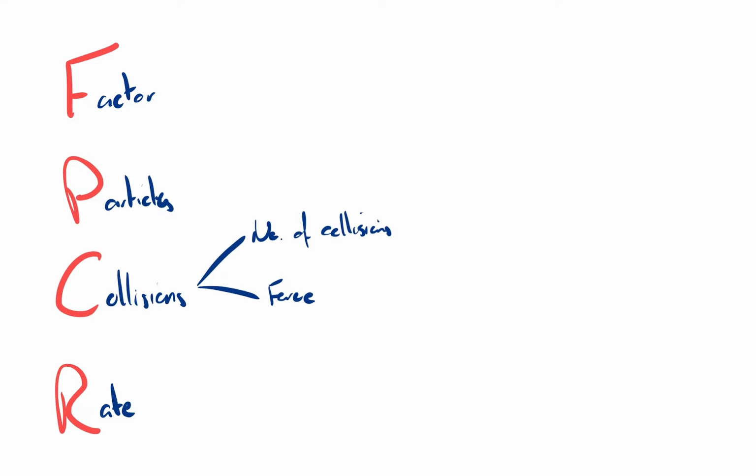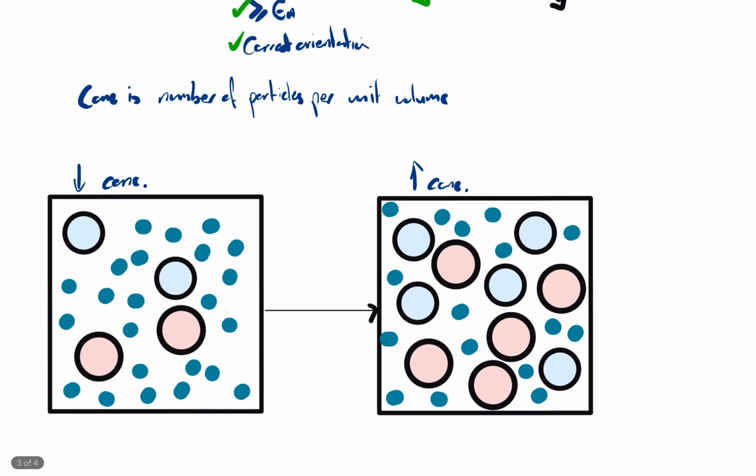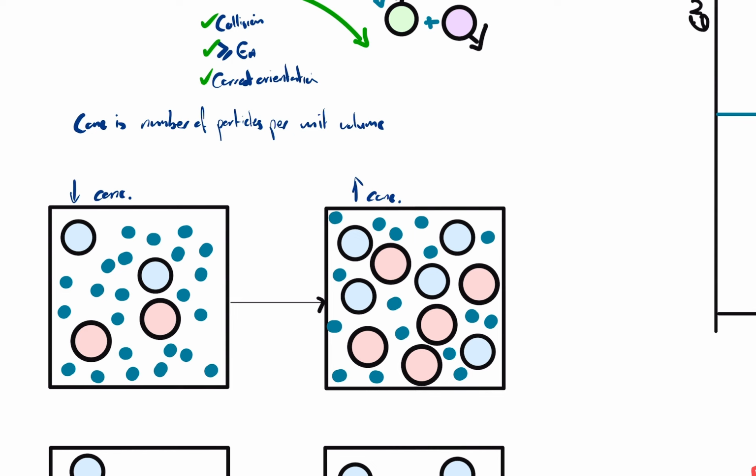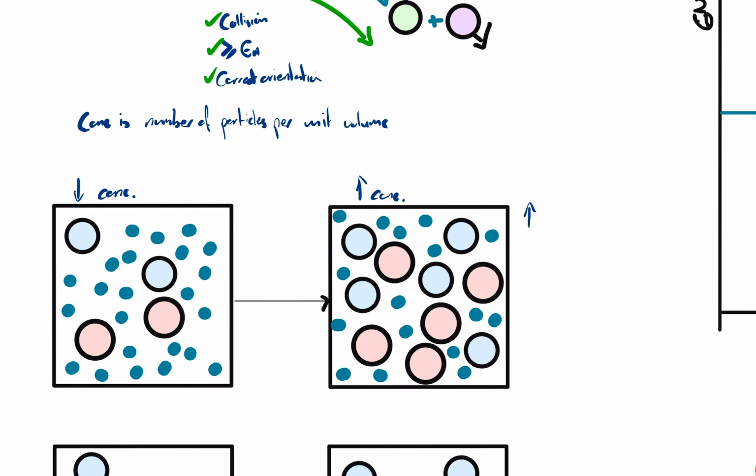Okay, so if we're taking our concentration again, factor, so we've increased the concentration. Particles, more particles per unit volume. Let's say per dm cubed in this case. And therefore, more collisions, right? The particles are closer together.